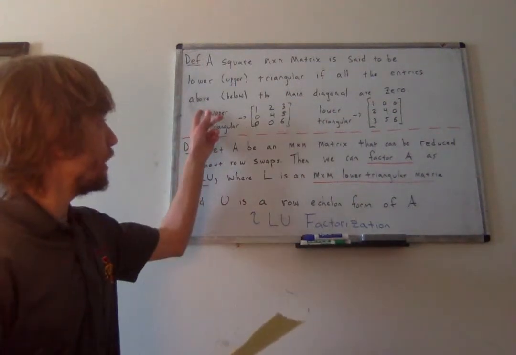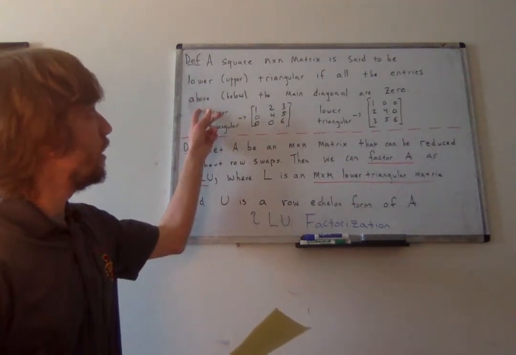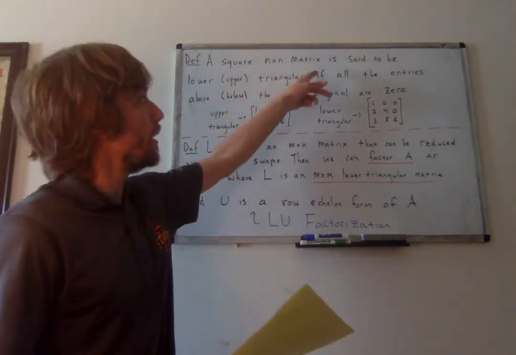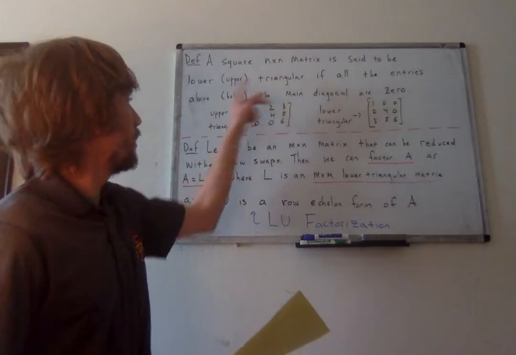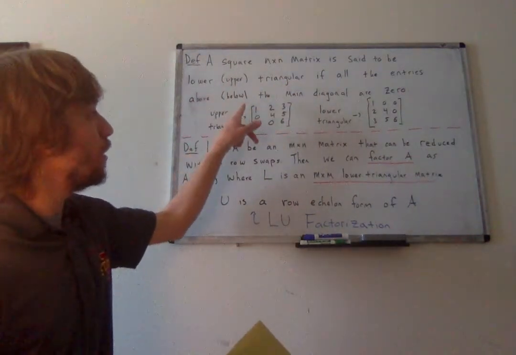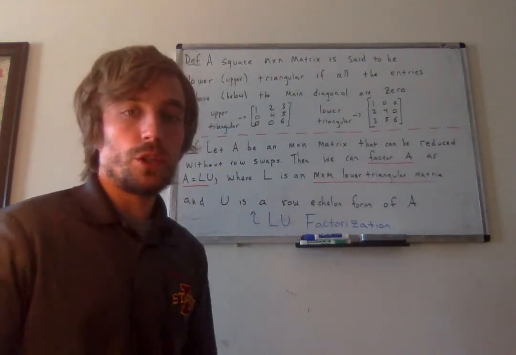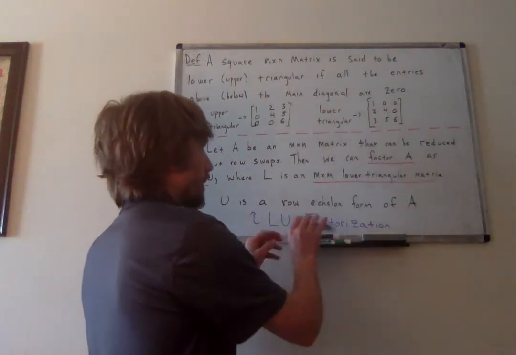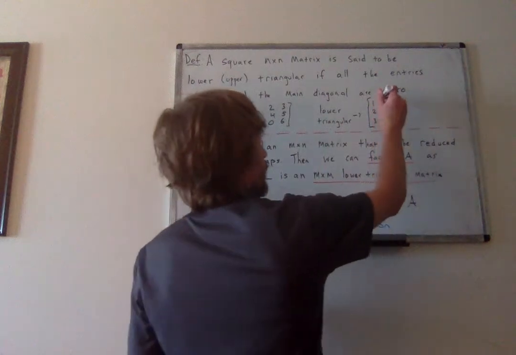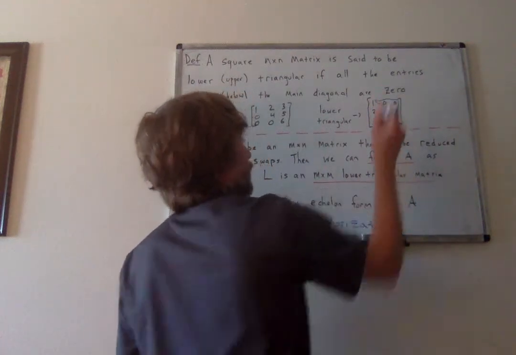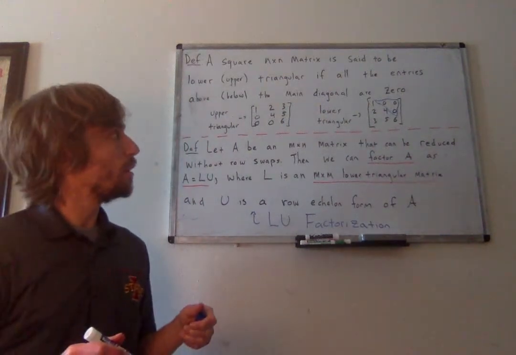So first off, I want to introduce this definition. We say that a square n by n matrix is lower triangular if all of the entries above the main diagonal are equal to 0. So I think the reason for calling it lower triangular is that if you look at the shape that the zeros are making here, notice the zeros sort of make a triangle shape.